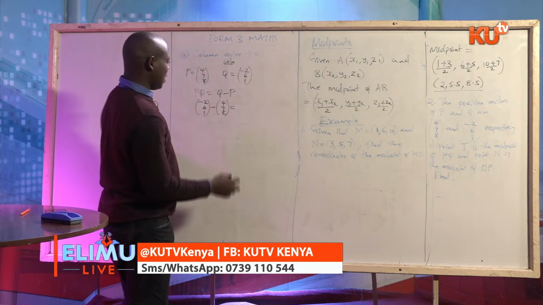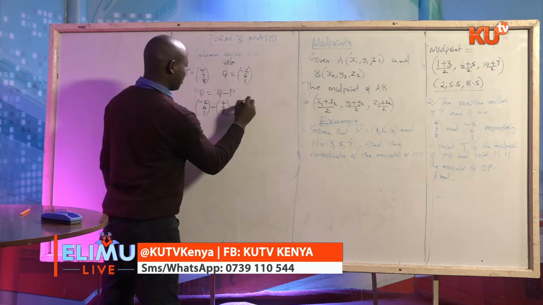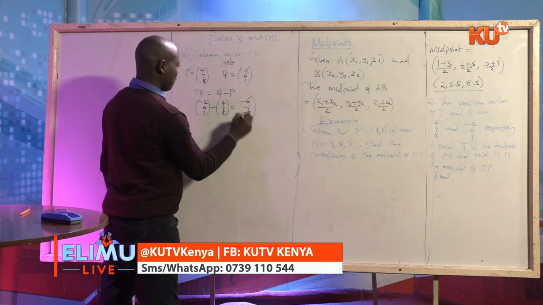So this will be negative 6 and this will be negative 1 and negative 7.